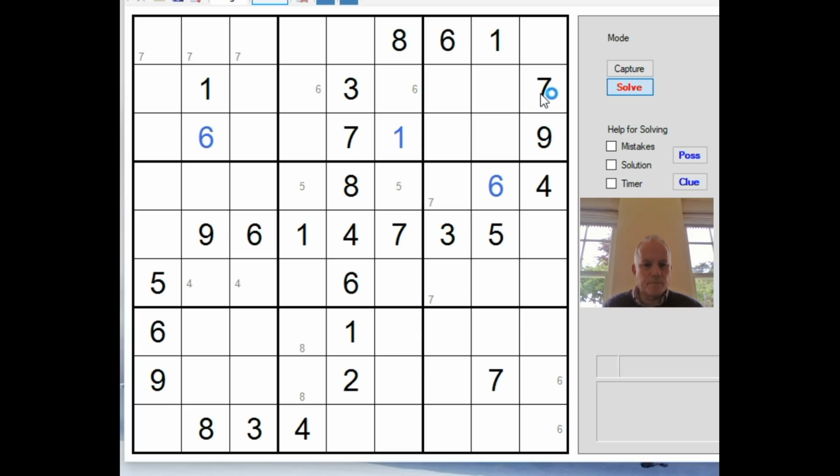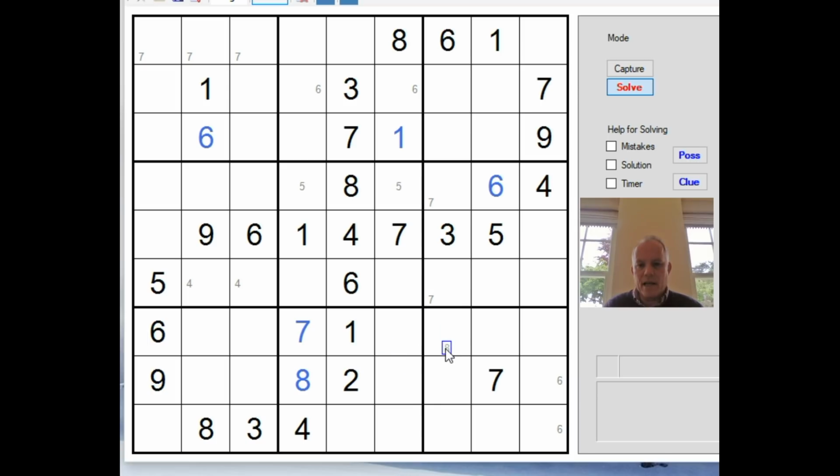That's good. Yeah, 7s at the top must occupy one of these 3 cells in row 1. That may not be all that helpful yet, but maybe later. 2, 1, 7, 9. 7s down here must be... no, in fact 7s are fixed. Look, we've got a 7 in column 4 and a 7 in column 5, so this must be a 7 because of that 7. So that places the 8 as well that we got earlier.